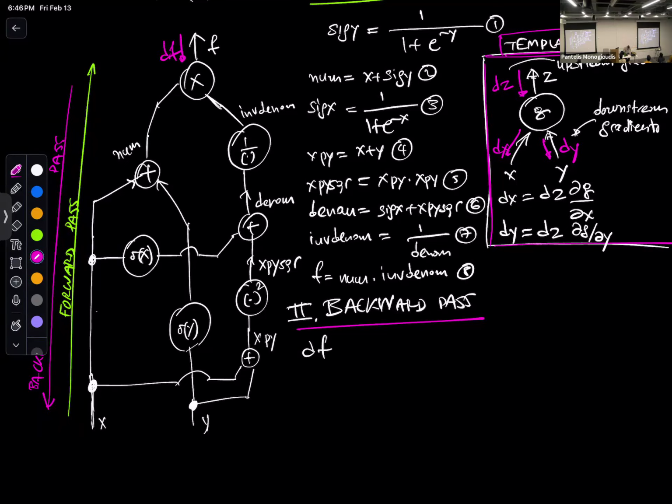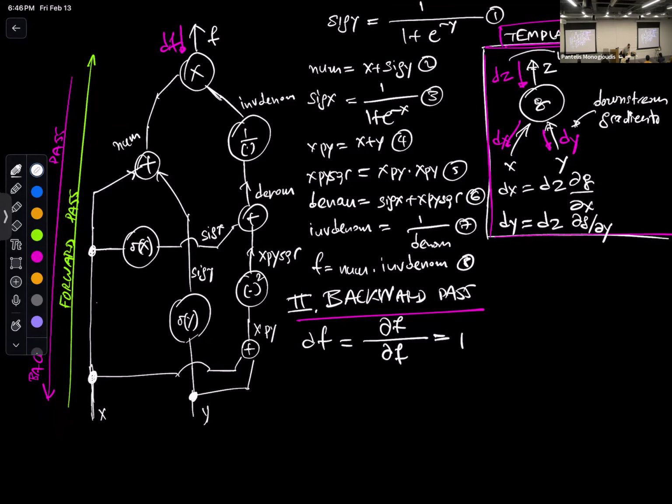I forgot to name the sig y, the sig x. Okay. All right. So what is df? The partial derivative of f with respect to f. How much is this? 1.